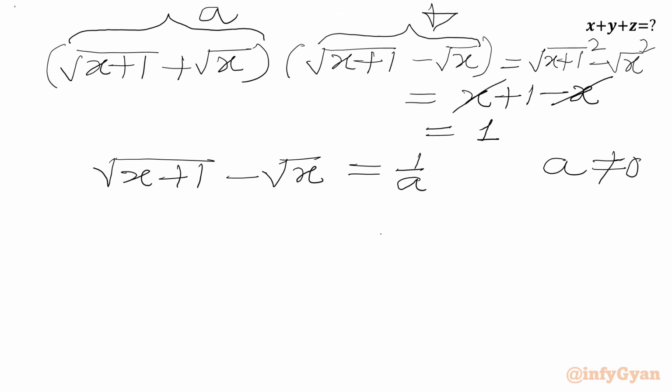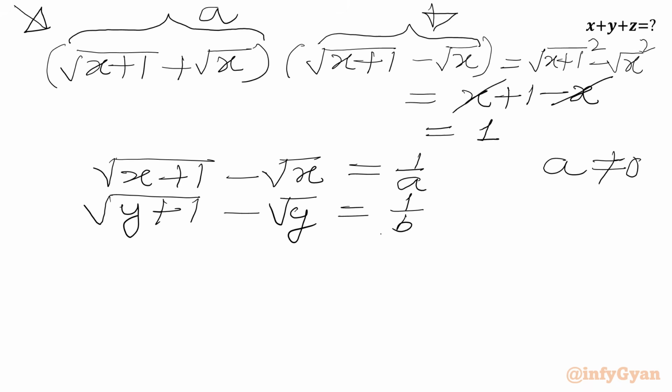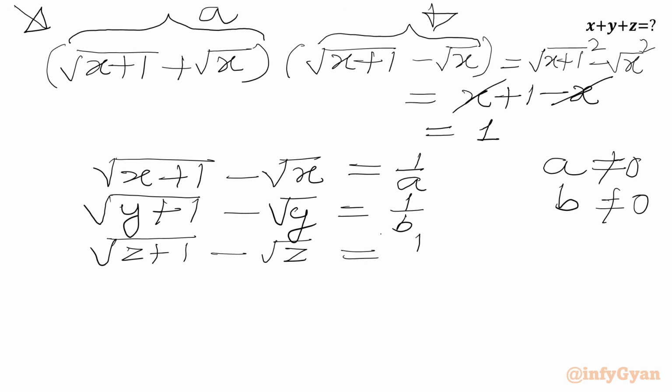If we will use equation in y variable or in z variable, we will be getting the similar equations but in different variables. So for variable y, we will be writing square root y plus 1 minus square root y. This will be equal to 1 over b. Here b cannot be equal to 0. Similarly, square root z plus 1 minus square root z will be equal to 1 over c. Here c cannot be 0.